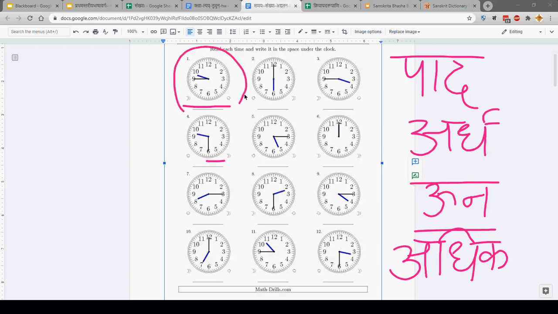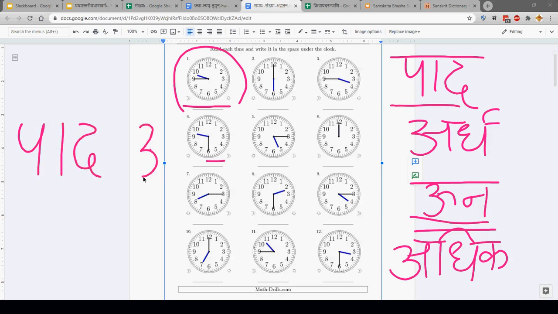How? For example, this is quarter to 10. That means one quarter less than 10. So we have pada, quarter, una, less. So we have padona, pada plus una, there is a sandhi, becomes padona.